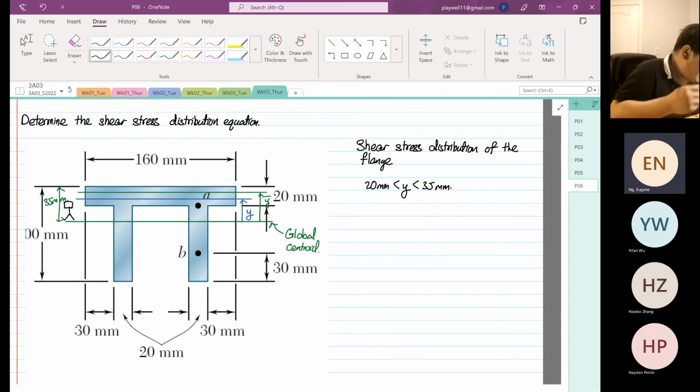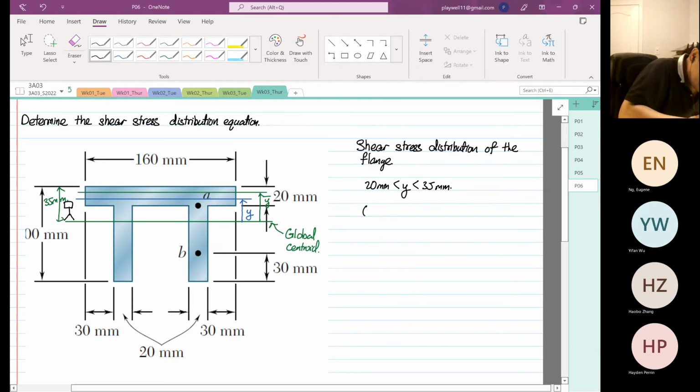So now we know that Qz as a function of y is equal to width multiplied by depth multiplied by y bar. This is the defined area.